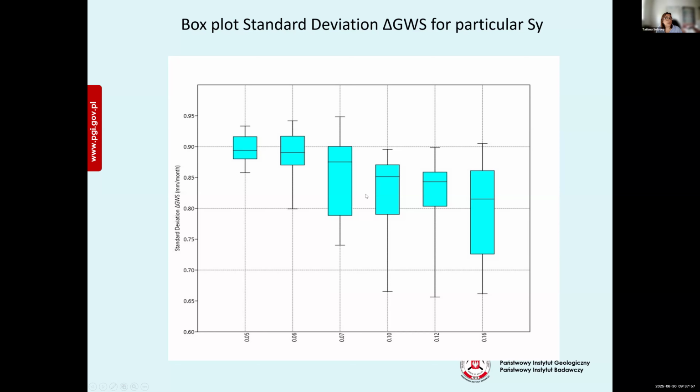The decline in standard deviation begins at the specific yield of 0.07, reaching a maximum reduction of approximately 10% at the highest specific yield value of 0.16. Regarding the amplitude of seasonal groundwater storage fluctuations, the effect of specific yield manifests as an 18% decrease at the highest specific yield values.